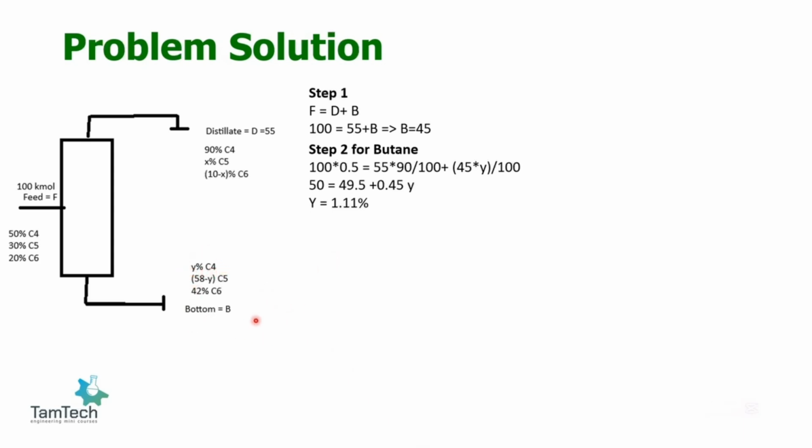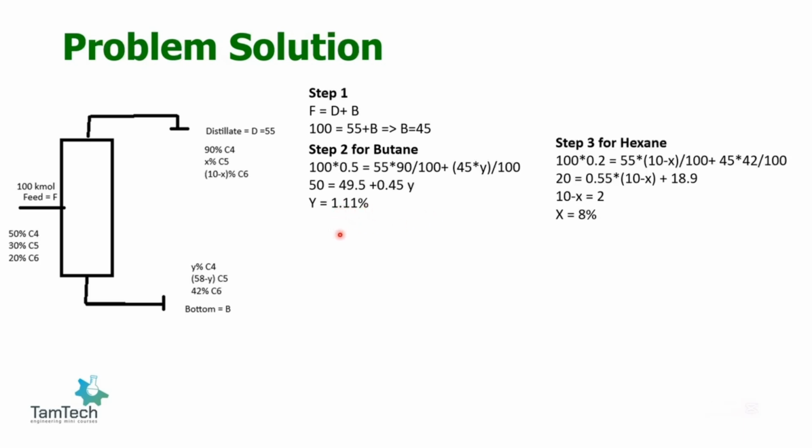That's why we need to write the bottom, which is 45 multiplied by Y, the percentage of C4, divided by 100. So here again we solved the equation and found that Y is equal to 1.11111 percent. I just rounded it and wrote it like this.